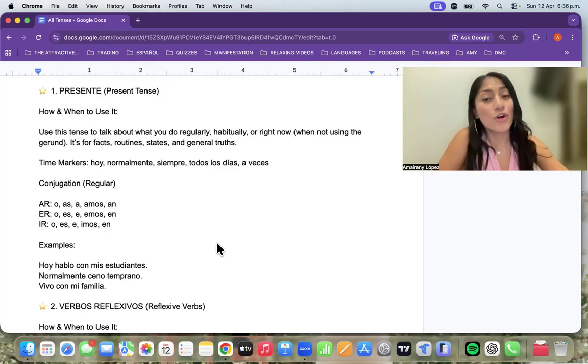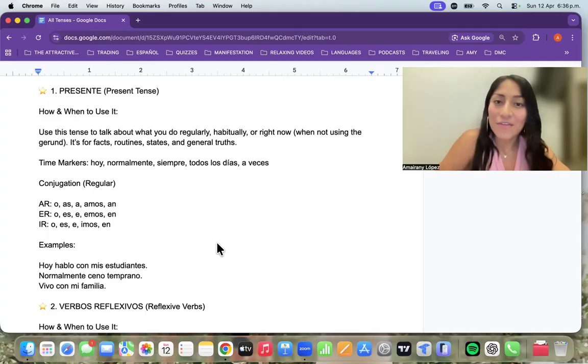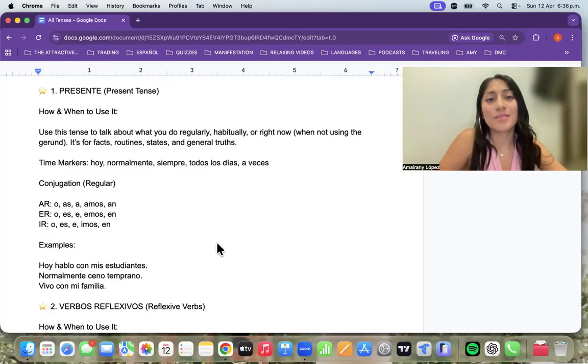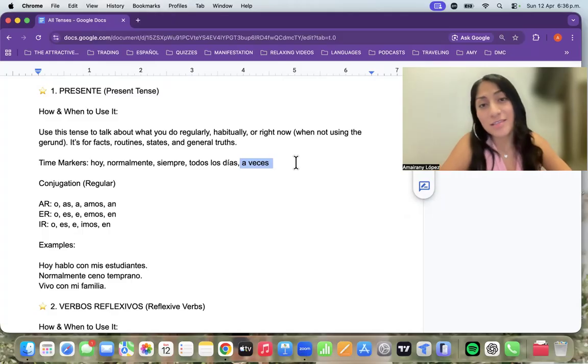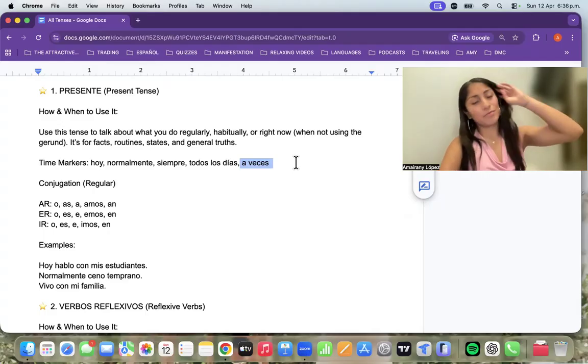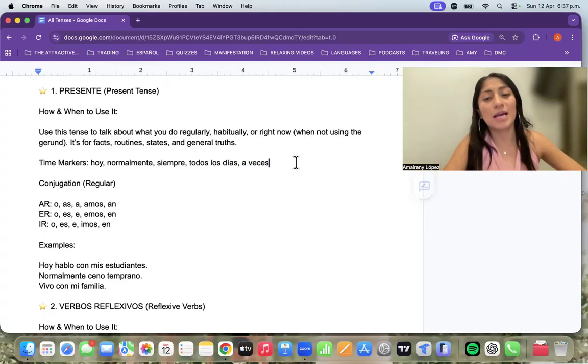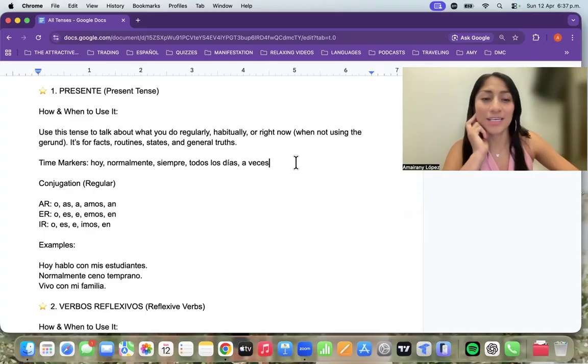But then if I use nunca, then that's never, right? And that's something that happens 0% of the time. And if I use a veces, which is right here, that's 50% of the time, which, yeah, makes it right in the middle, right, of the chart. So those are adverbs of frequency.